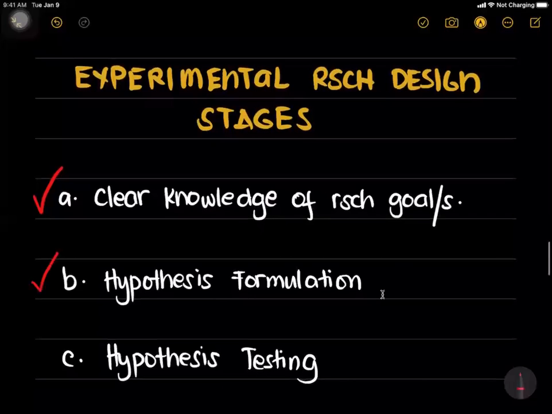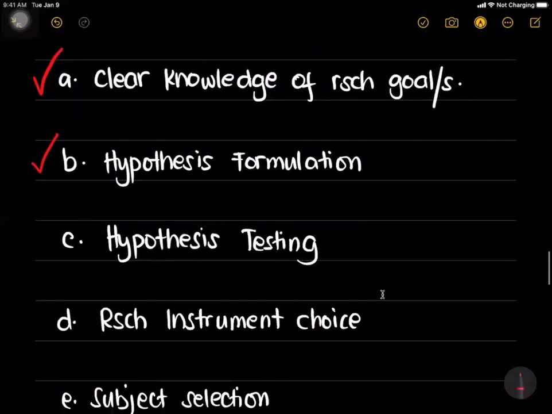Then you need to formulate your hypothesis. Now, sir, is it really required that you need to have a hypothesis if we do experimental research design? Yes, and yes. So this is a required step. Why? Because the following step is for hypothesis testing.